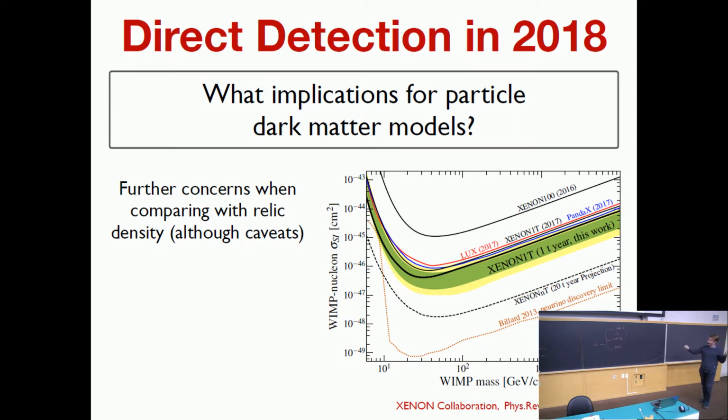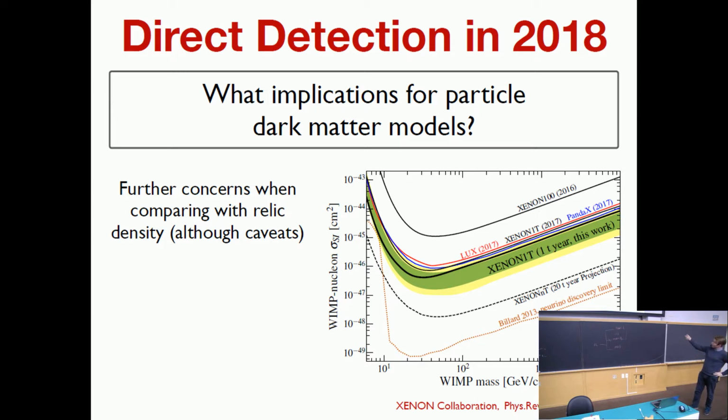So these relic density calculations have caveats we can discuss, but they are useful benchmarks. And it seems very difficult to reconcile relic density and direct detection bounds. Okay, typically, when you want to reproduce the observed abundance, you end up above this black line. Typically, okay? Then we can discuss the single details.